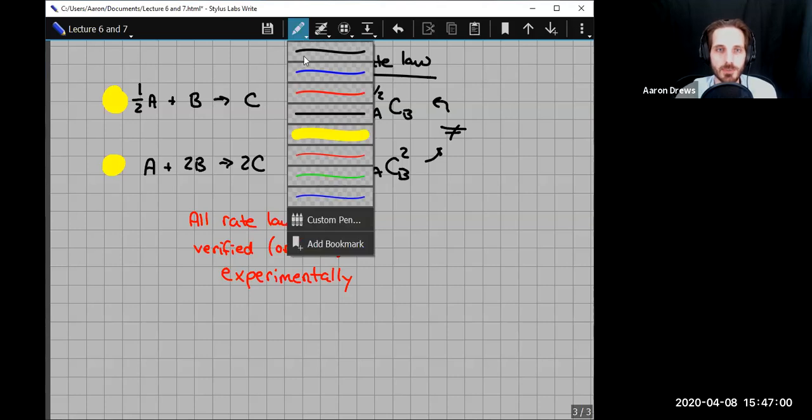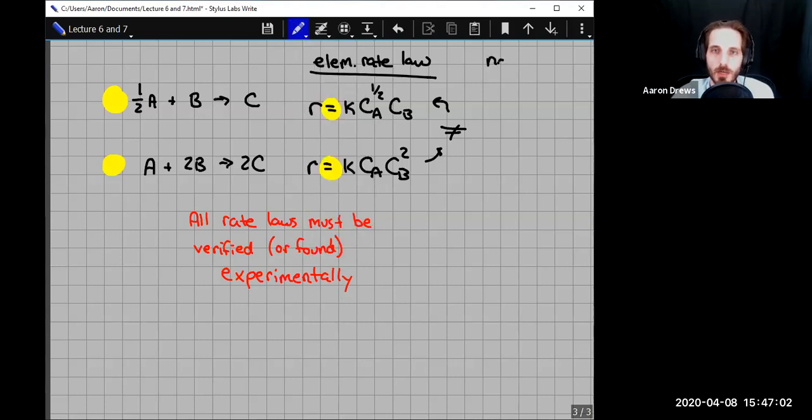Can I give you an example of a non-elementary rate? Sure. Non-elementary could be, for this one, something like r equals a capital K times C_A divided by 1 plus a lowercase k C_A.